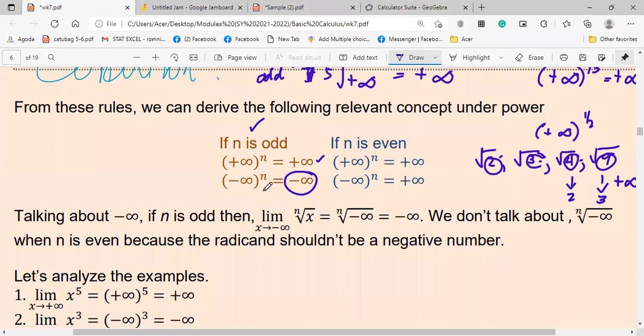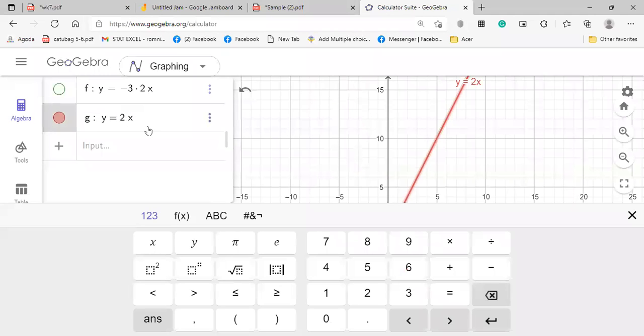Paano kung tuloy-tuloy sa pag-increase yun, i-raise mo siya sa isang positive, sabi niya. Pwede natin itong i-raise. So let's see. Dali, gawa ko. I-raise natin siya. 2x, tapos i-raise natin sa, let's say, positive 4.